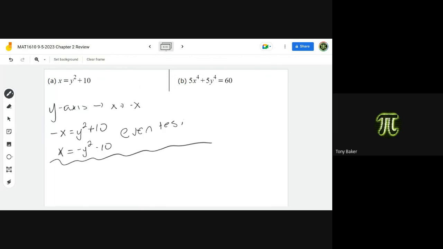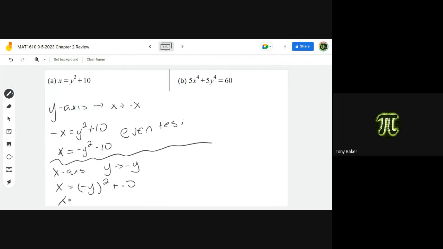What do you think would be your test for your x-axis? Yeah, I'm going to switch the y's. So for the x-axis, I'm changing y to negative y. I'm going to take the x, leave the x the same, and change the y. So what's negative y squared? It's just y squared, because the negative times the negative is a positive, right?